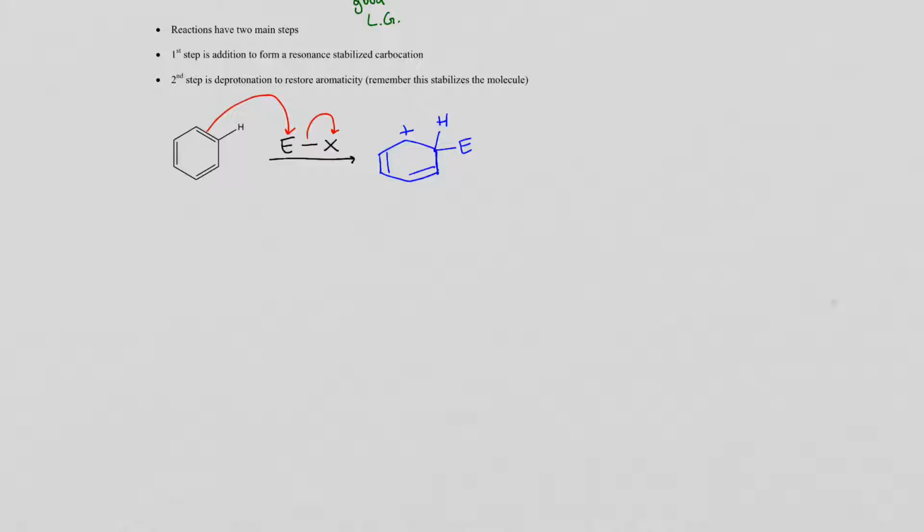We keep these two double bonds. And so this is an allylic cation. We can draw resonance structures for this. Draw a little bit better bottom of the benzene ring there. We can have double bonds here and here. Or we can move the cation there.